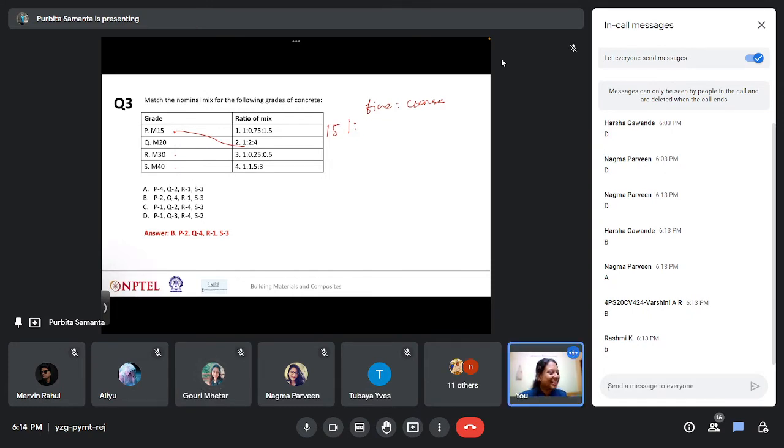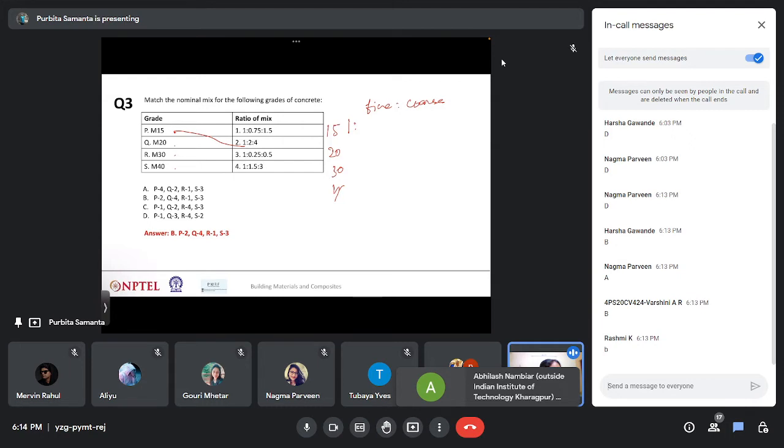Yes, absolutely. It would have been easier anyway, because ultimately we are having M15, M20, M30, and M40. And if you look into the ratio, how it decreases: cement always remains one portion only.